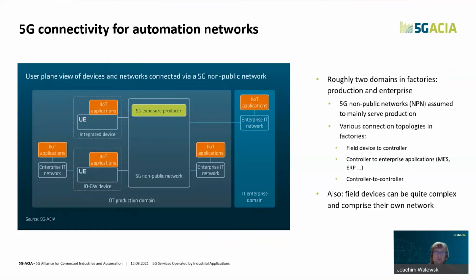What is interesting here is that the integrated device, for example a robot, has an onboard cabled network. The enterprise IT network here, for example, could be IEEE TSN, and the applications on the robot will communicate with it.